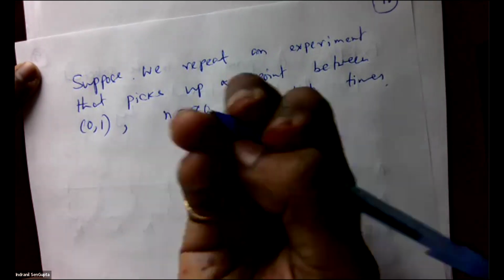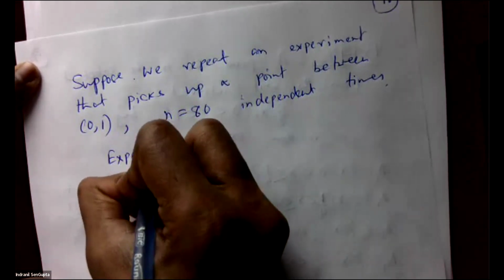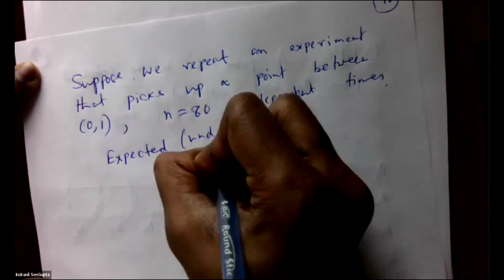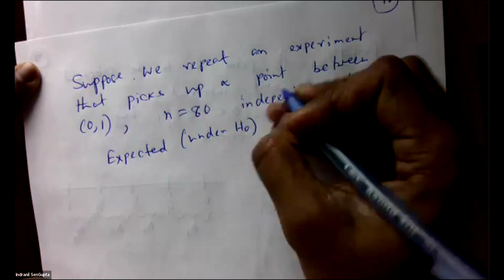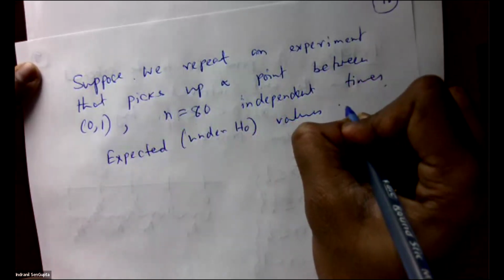All right, so therefore, what is my expected? So expected values under H0.